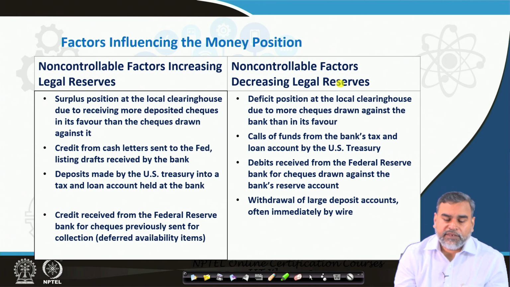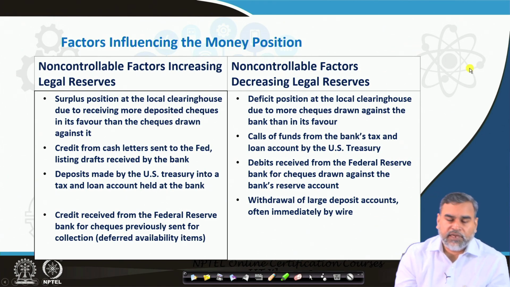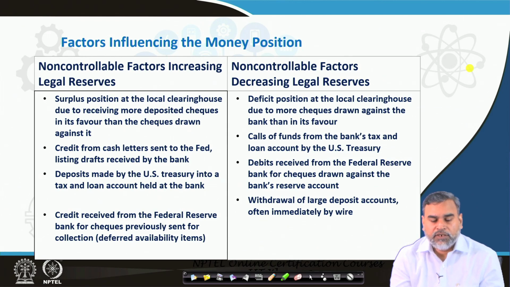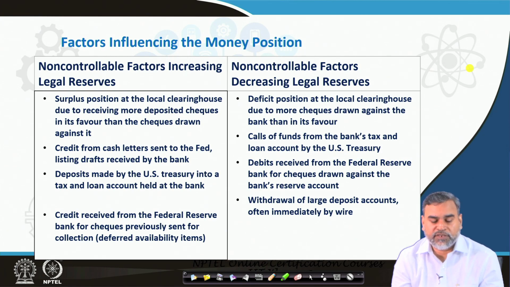While analyzing the factors which help to decline the legal reserves, these are a deficit position at the local clearing house due to more checks drawn against the bank than in its favor, the call of funds from the bank's tax and loan account by the government or the US Treasury, if we are talking about the US market. Then the debit receipt from the Federal Reserve Bank for checks drawn against the bank's reserve account.